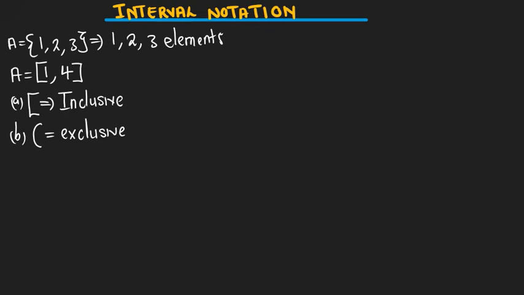If I put this type of bracket at A, I'm telling you that the number is part of this set. If I put a bracket at B, I'm telling you that this number is not part of this set. Now, the inclusive bracket is going to be represented by a shaded circle. The exclusive bracket is going to be represented by an open circle.